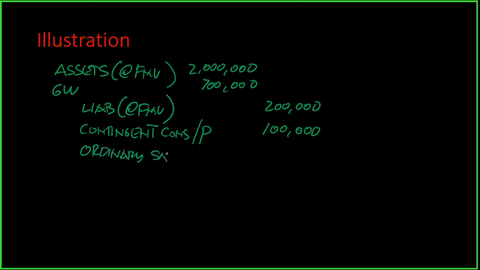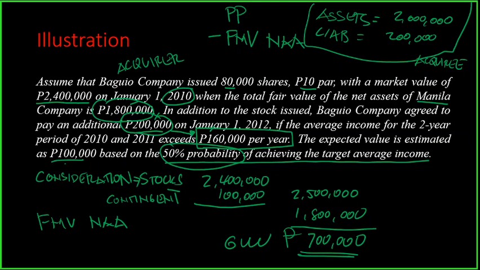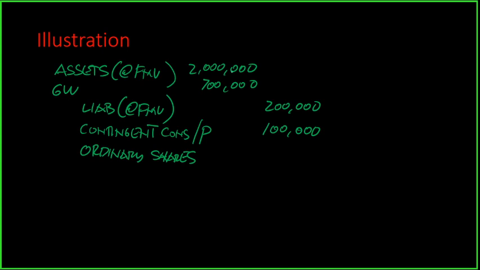I forgot what's the given. They issued 80,000 shares with a par value of 10. General rule, your shares are always accounted at their par value. So you multiply 80,000 by 10 and you will get 800,000 pesos. Okay, balance?